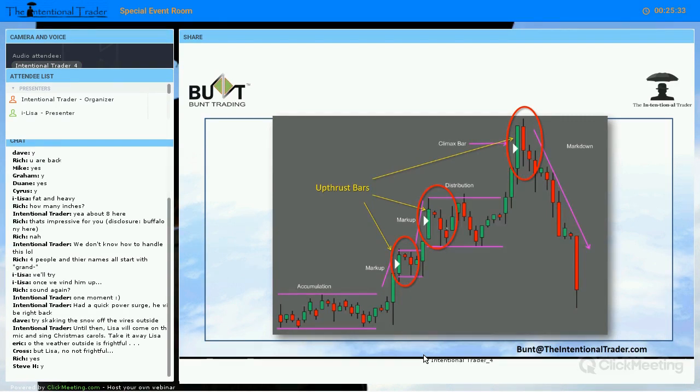So I started looking at that and I thought, well, that doesn't seem right. So I pulled up a time and sales, and I started noticing, wait a minute, price is really moving. I'm sorry, the ticks that are there, the orders that are there are being processed very, very quickly. And you can see that by watching time and sales.